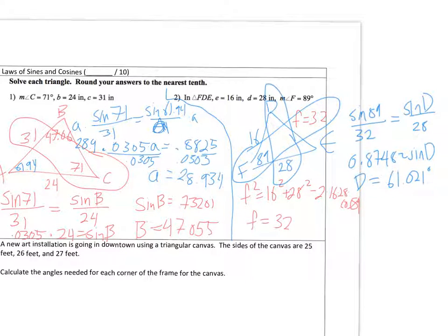And given that angle, if I do 180 subtracting those two, so 180 minus 61.021 minus 89 is 29.979. How about we just call that third angle 30 degrees?